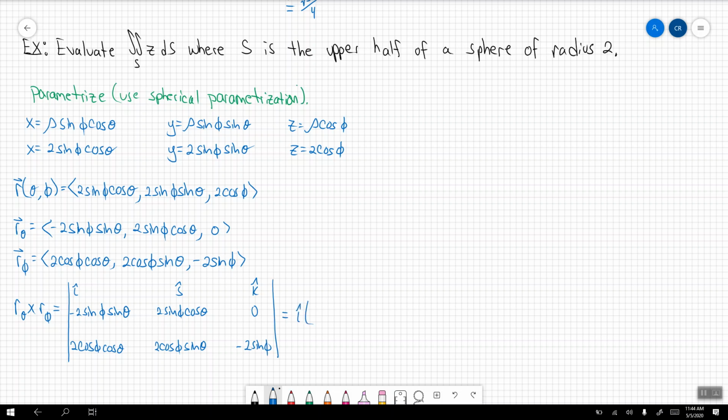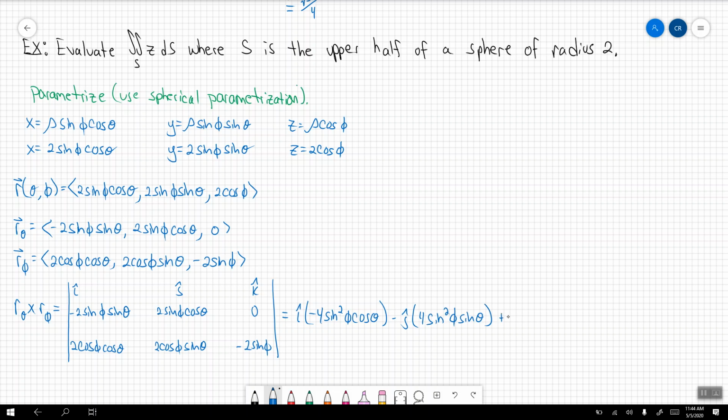So in the i coordinates for this cross product, we're going to have -4 sine squared phi cosine theta. Alright, minus 0, so that goes away. Minus the j coordinate, that's going to be positive 4 sine squared phi sine theta, minus 0 once again.